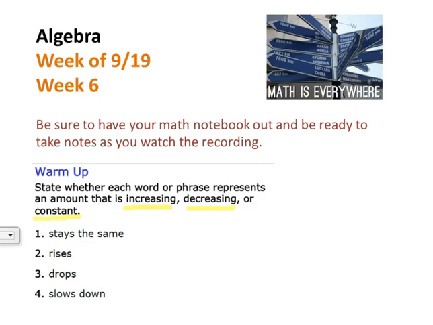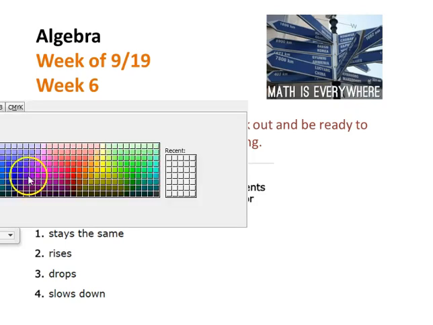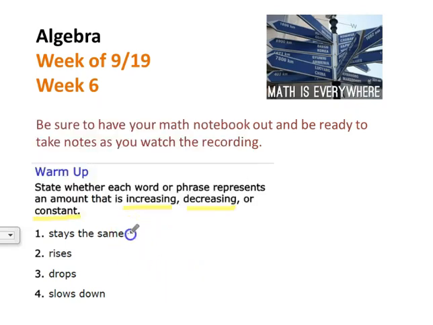Would you say that that represents an amount that's increasing, decreasing, or constant? So if you said constant, you are correct. So something that stays the same is staying constant. What about rising?